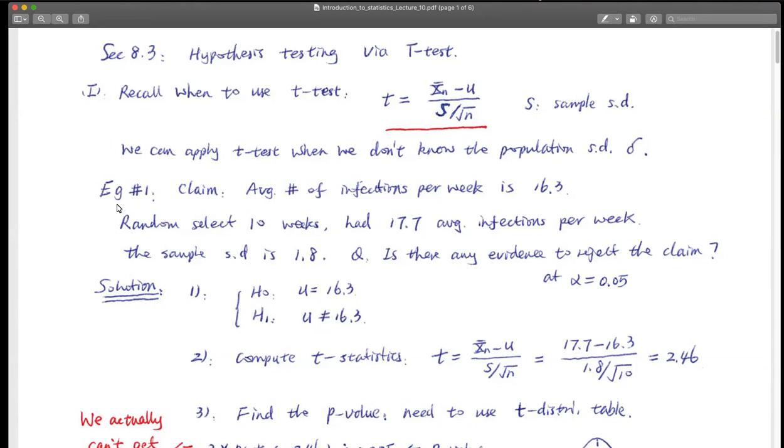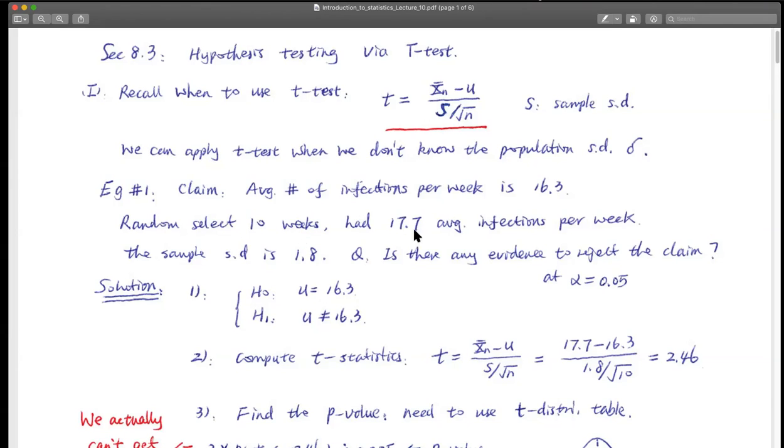So in this example, the claim is the average number of infections per week. That's probably talking about some hospital, right? Is 16.3. That's their claim. So to prove or disprove that statement, that claim, randomly select 10 weeks.